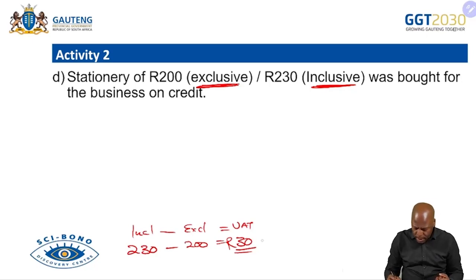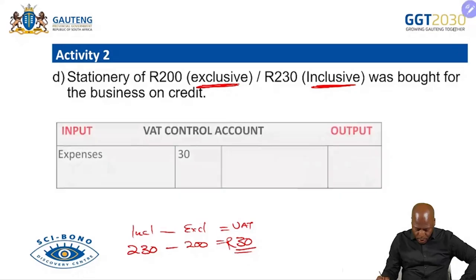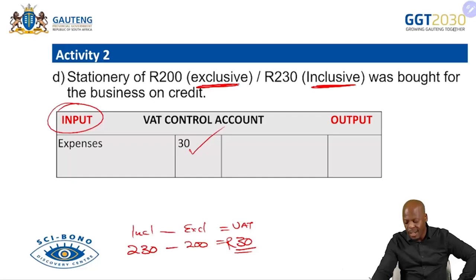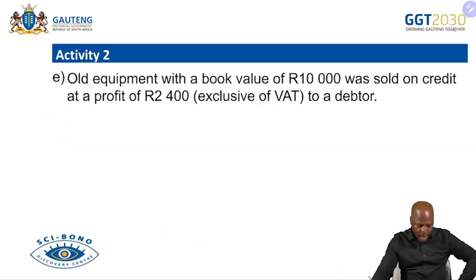And then, what did we say? Where does it go? We have established that that 30 is going to go to your input VAT. So, here is my 30 on the input VAT. Let's quickly go now to information E.